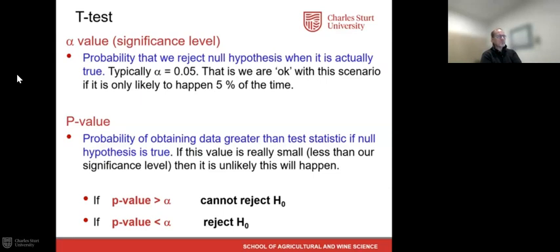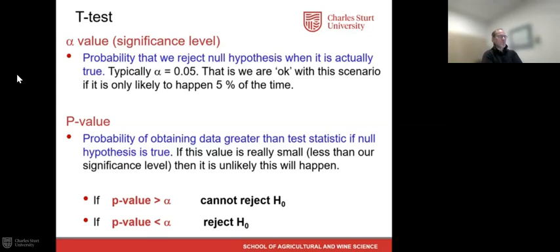To put that another way, if we make a mistake there, by accident, we're making what's called a type 1 error, but it's only going to happen 5% or less than 5% of the time. And we can evaluate that using our probability value, our p-value.